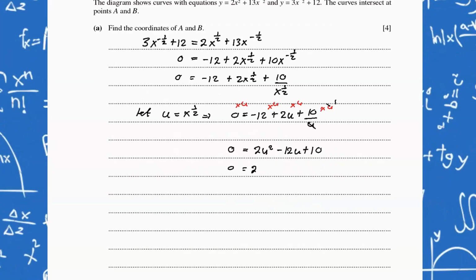Let's start by factoring out a 2, which would be u² − 6u + 5, and that's 2 of (u − 5)(u − 1). So this is what we're getting, which therefore means that either u − 5 = 0 or u − 1 = 0, where u is 5 and u is 1.